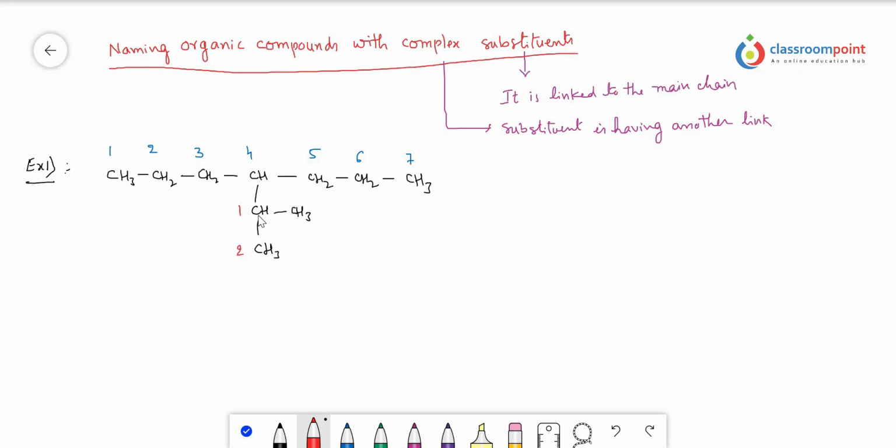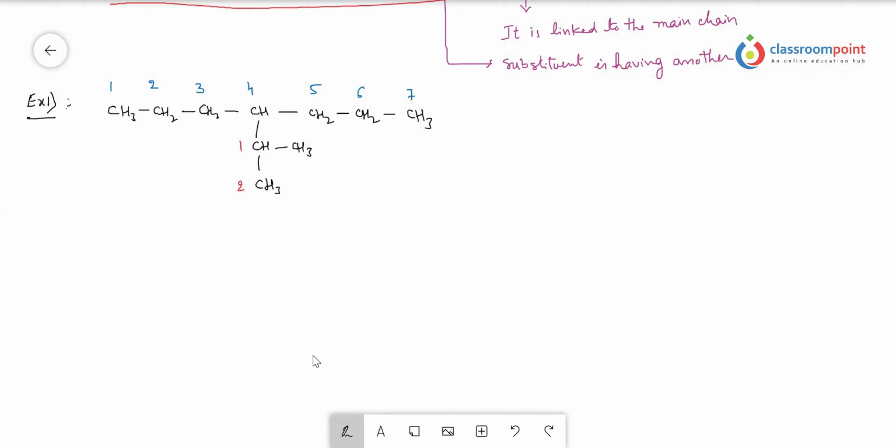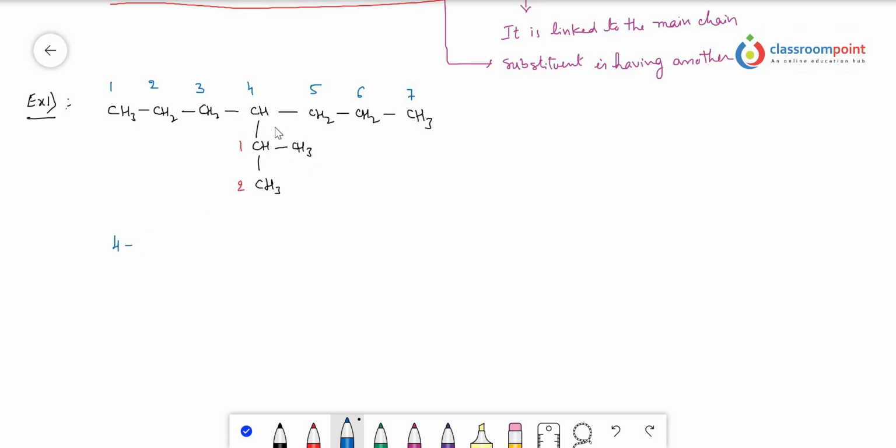Both these sides are giving the same numbering, so I am selecting this one as the substituent's main chain. Now we have to write down the name of the molecule. While writing the name, at which position is the substituent present? At the 4th position. In the case of complex substituents, we have to start the bracket. Remember always: for normal substituents, bracket is not necessary, but in the case of complex substituents, we have to mention the bracket.